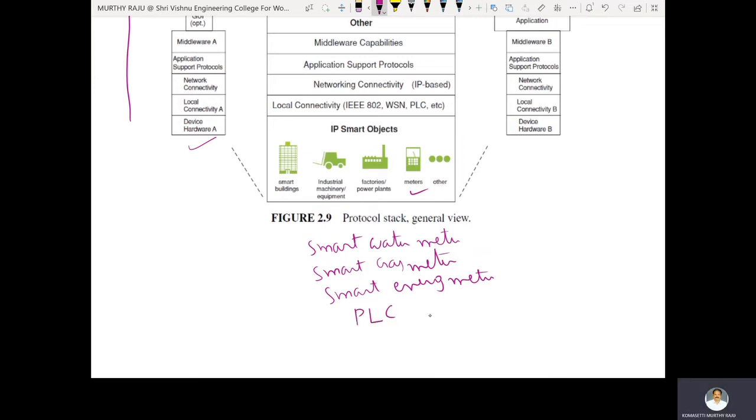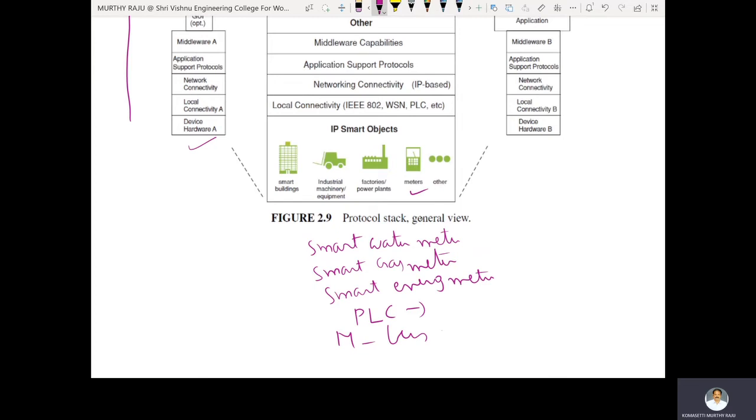What is meant by power line communication? Power line communication uses existing electrical lines. Power line communication is nothing but internet over existing power lines or electrical lines. These low power devices are connected by using M-Bus. That is called the device hardware.